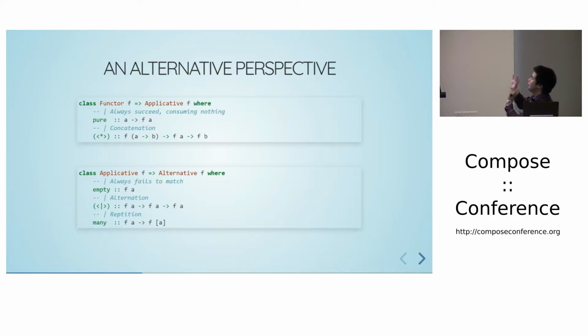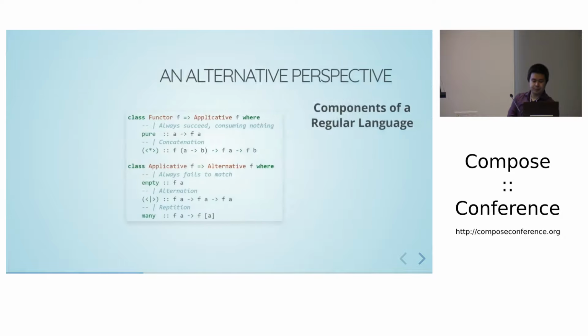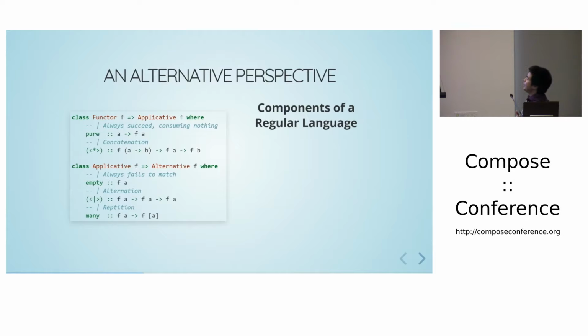We kind of squint at this. I framed it in a way to make the hint, but it looks a lot like what we needed for the regular expression. So if we recap, what was the regular expression I said? There are three base elements. There's the empty language, which looks a lot like empty in Alternative.